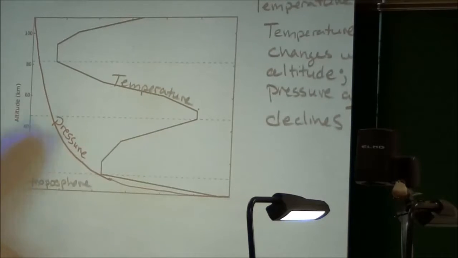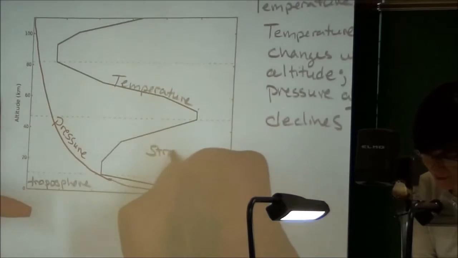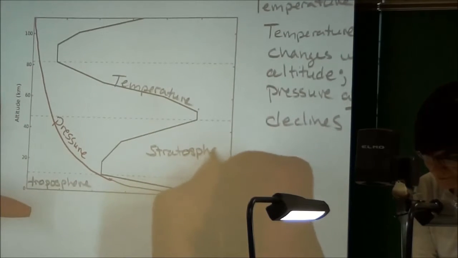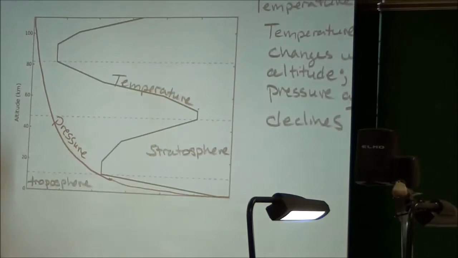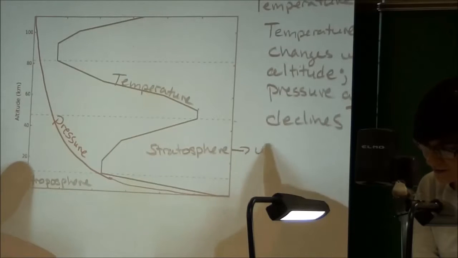So what's this layer called? Stratosphere. And what important thing is in the stratosphere? Where ozone is. Excellent. The stratosphere is where the ozone layer is.